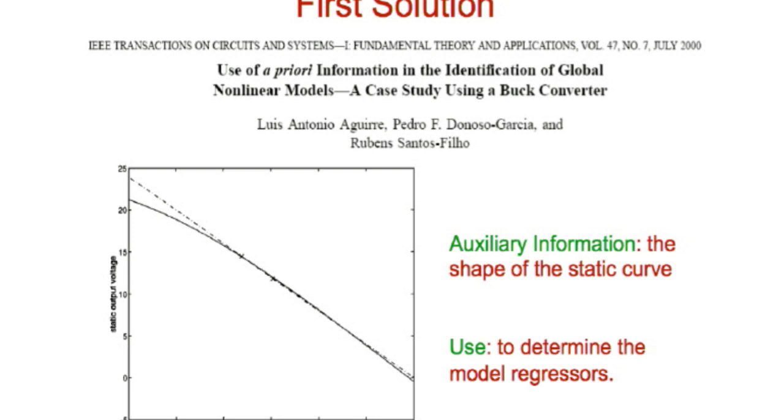The static relationship of that buck converter is known by theory. If you open a book on power electronics, it will tell you that a buck converter has a certain relationship between the voltage you apply to the switch and the voltage on the load.